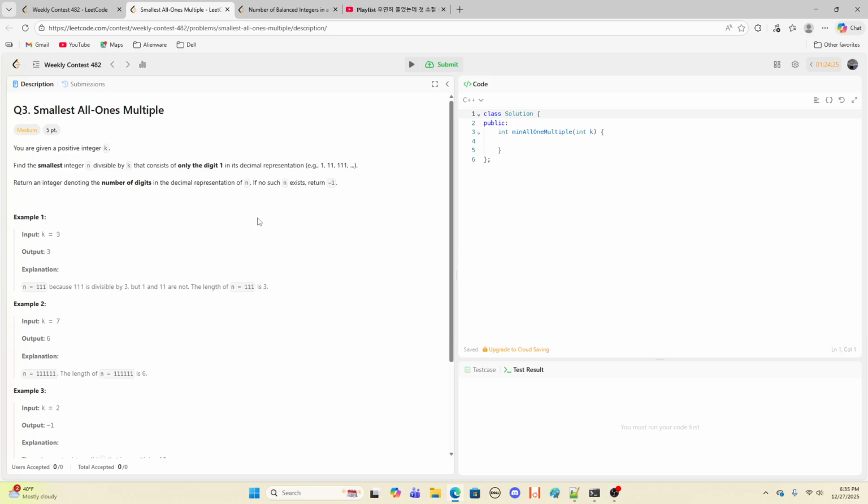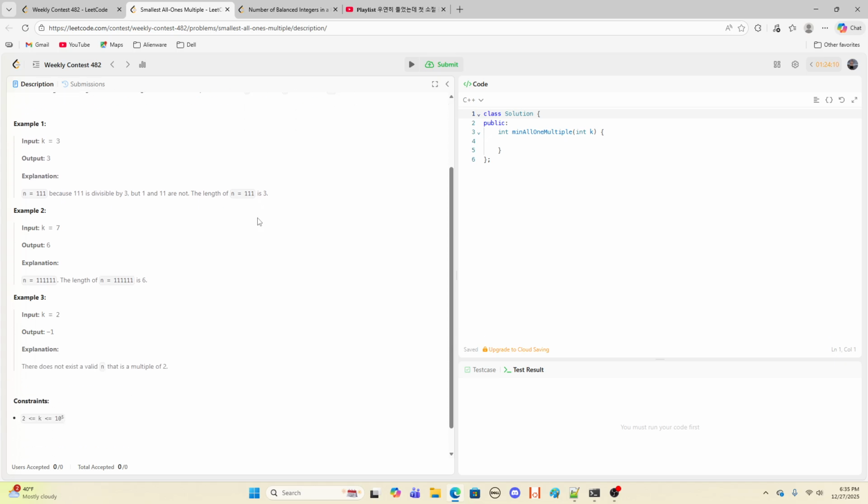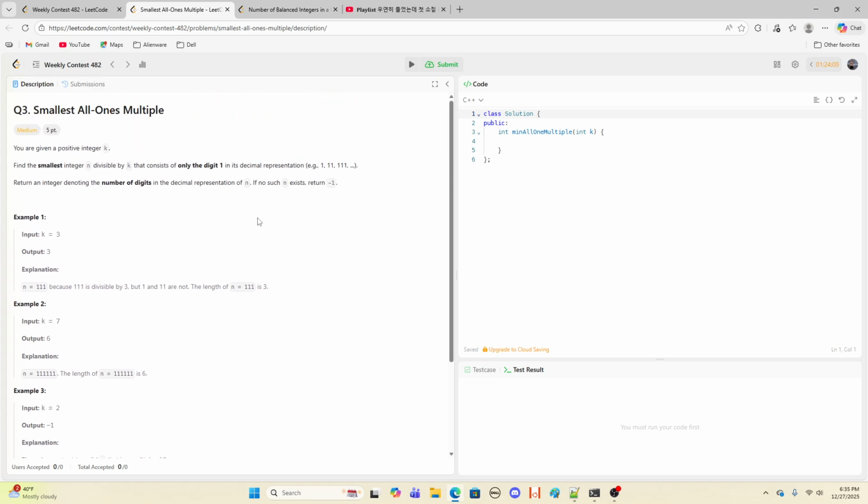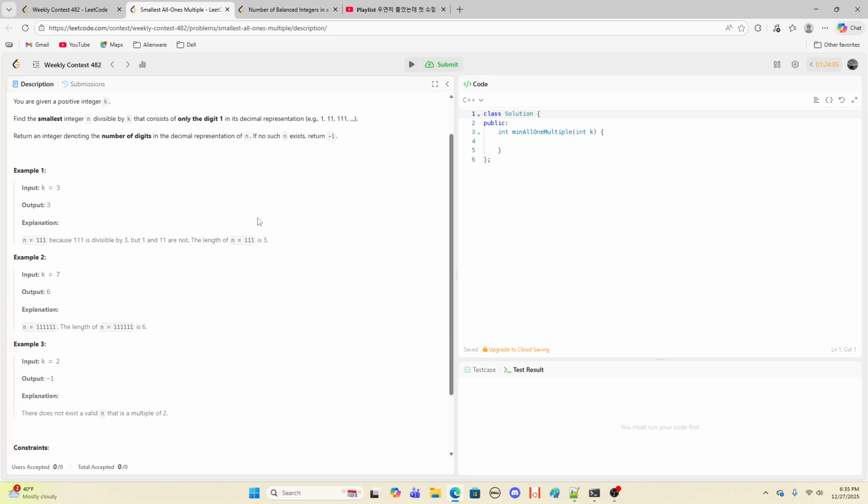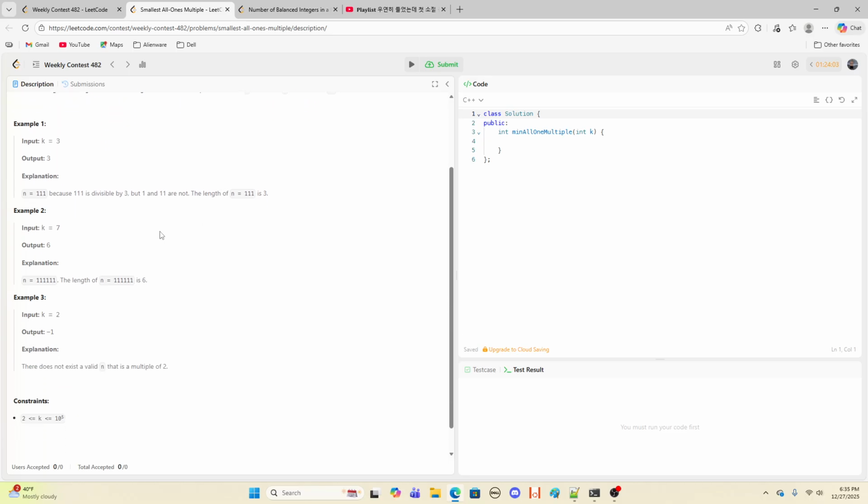Given k and divisible by k, only the digit 1. Okay.